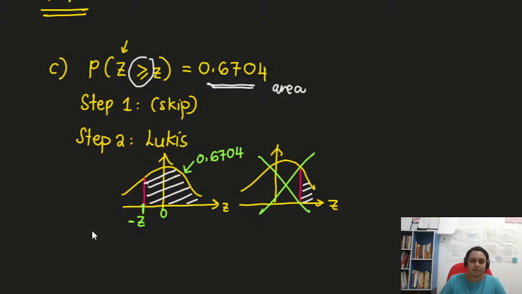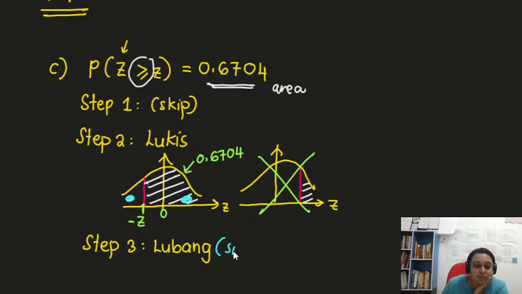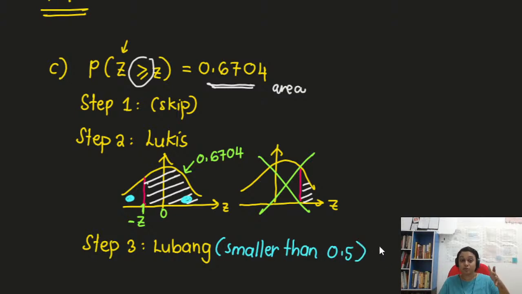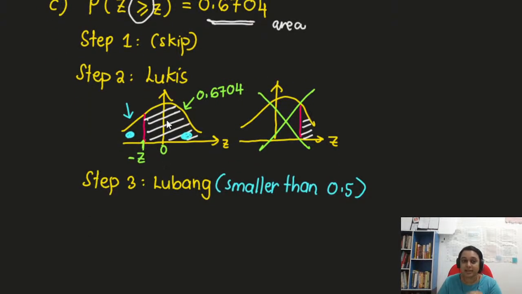Okay. Step 3. Step ketiga, lukis lubang hidung. Draw the nostrils. So the nostrils, one you draw on the left, one you draw on the right. Which lubang, which hole is smaller than 0.5? Yang mana lebih kecil daripada 0.5? It's the left side, betul tak? So if it's the left side, you kena cari the luas there lah.